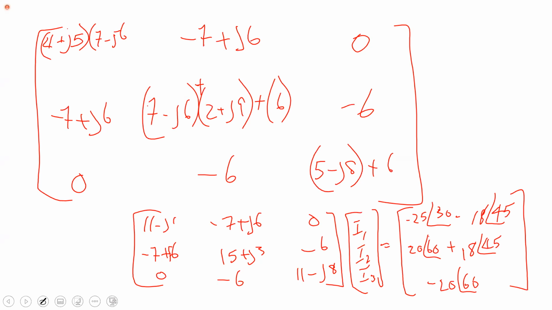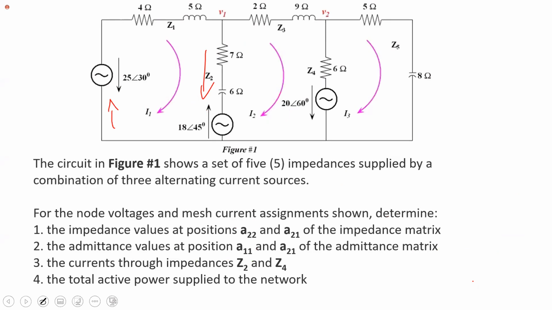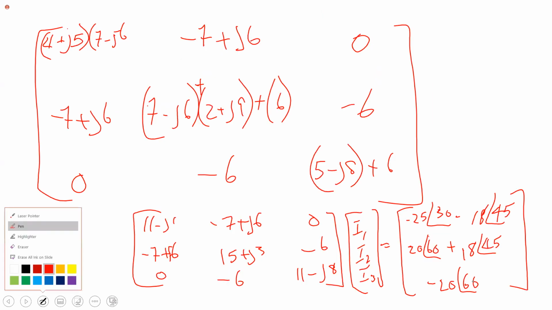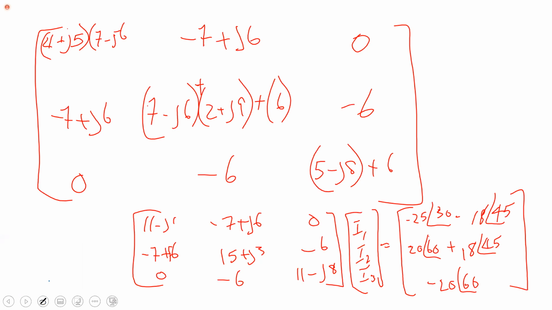Okay. Now, the question asked for the impedance values at position A22 and A21. So A22 would be that, and A21 would be that. Now, what we have here are the complex representations, so of course, you would have to convert that to polar.